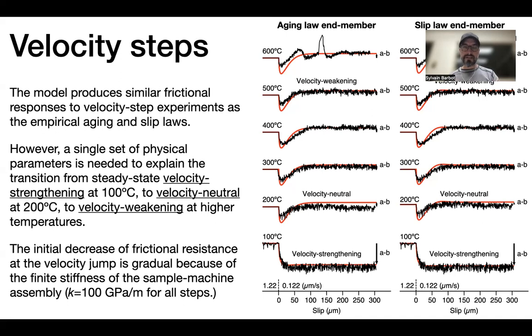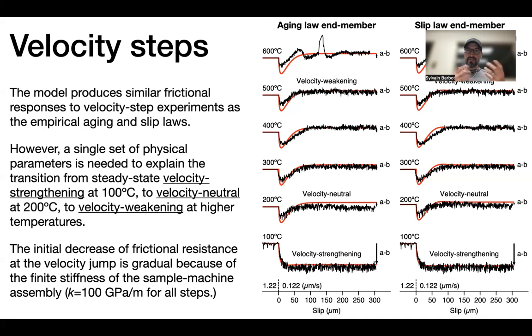So what we see is that at 100 degrees Celsius, the pyroxene is velocity strengthening. At 200 degrees Celsius, it is velocity neutral. And at higher temperature, it is velocity weakening. So it has a higher resistance at lower sliding velocity. And so using an empirical friction law, we could fit all of this data, but we would have to change the constitutive parameters for every little experiment.